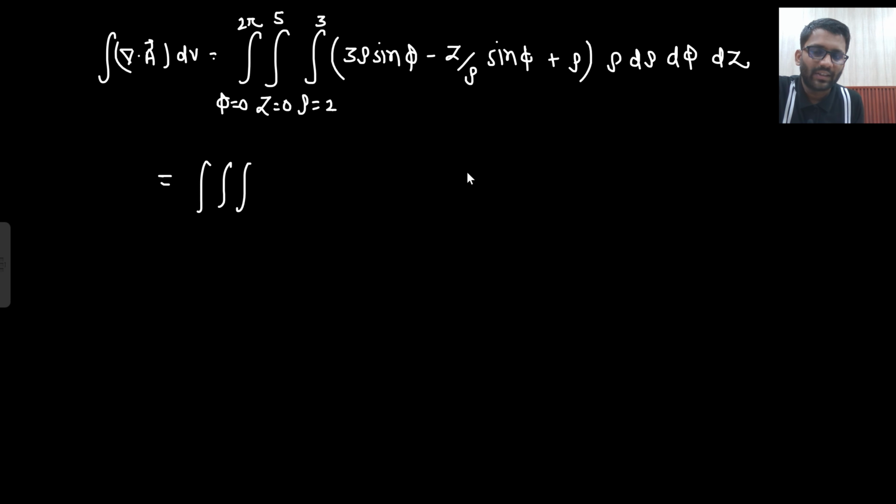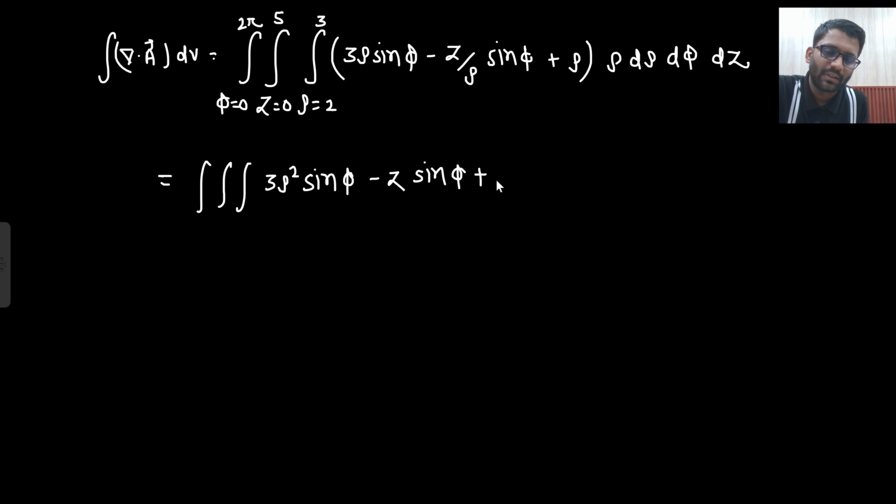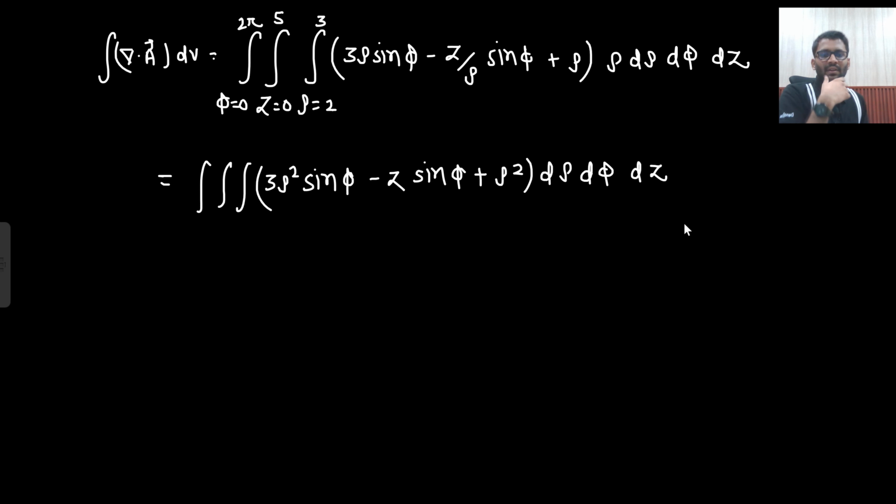So currently I am not putting the limit, so I am not writing down the limit as well. So what am I going to get? 3 rho square sin phi, and rho I am taking inside, so z sin phi plus rho square. Now it will be d rho d phi dz. Okay, so separately I can solve the limits now.